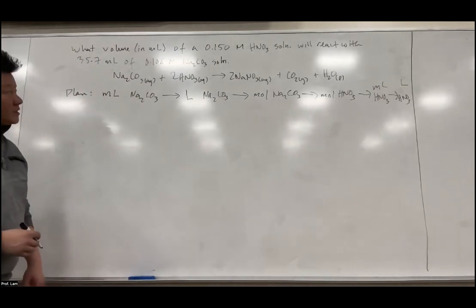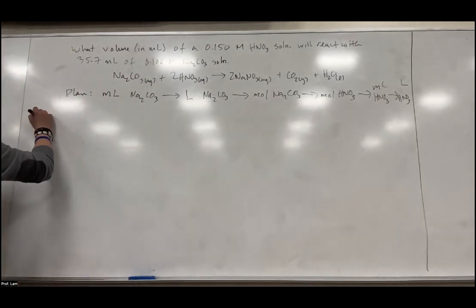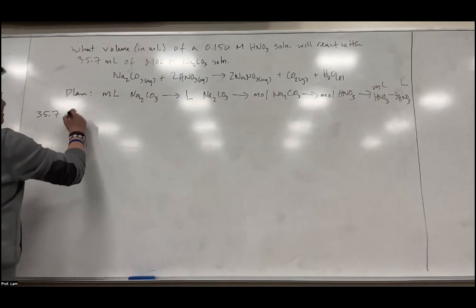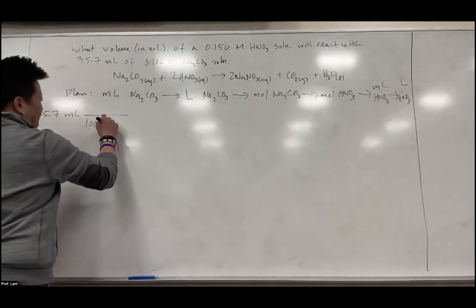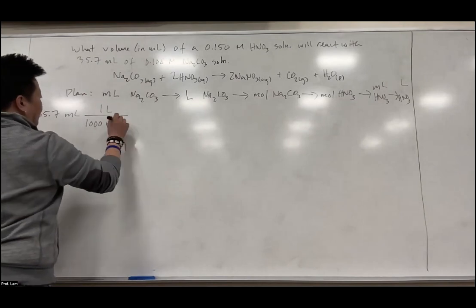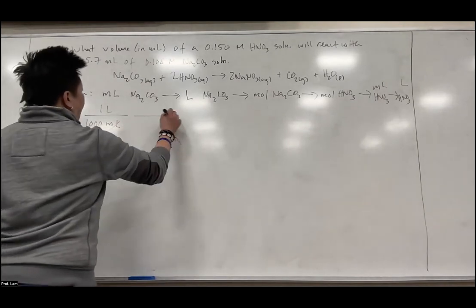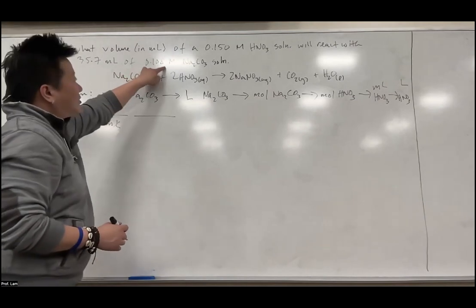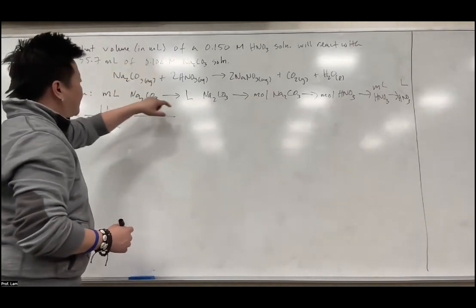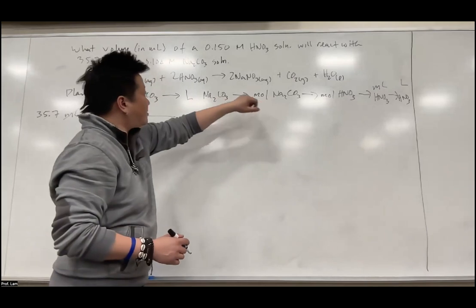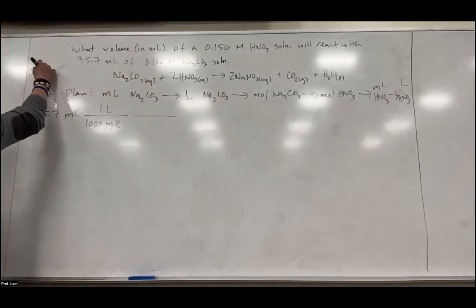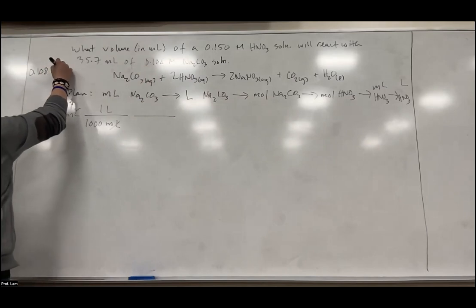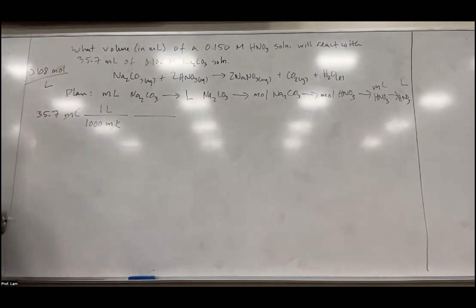Okay. So let's execute. We have 35.7 milliliters. To get to liters, divide by 1,000, 1 liter on top. And then use the molarity to get to moles of Na2CO3. You need to use that, but rewrite it: 0.108 moles over liter.